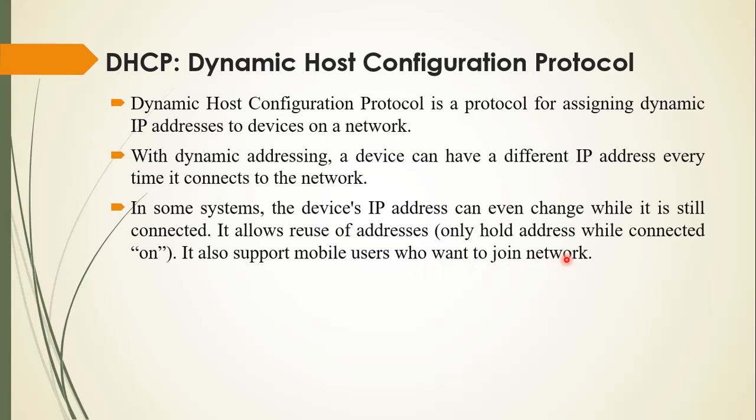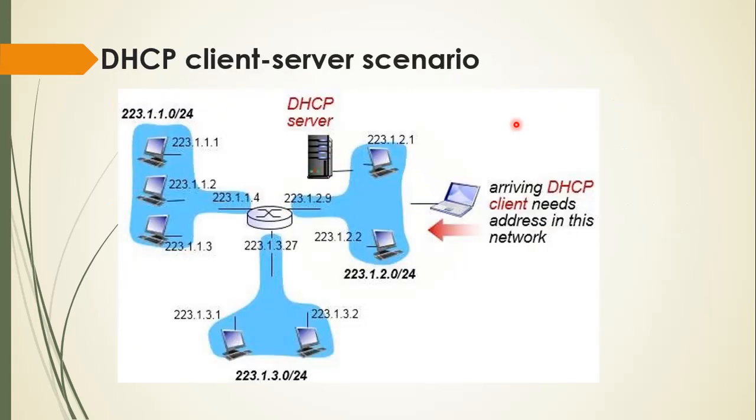So simply, Dynamic Host Configuration Protocol is a protocol for assigning dynamic IP addresses to each and every device in the network. So this is the DHCP server. Here we have multiple devices, and all these computers are connected.